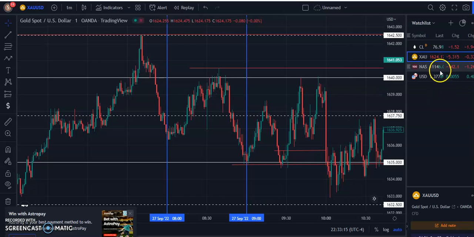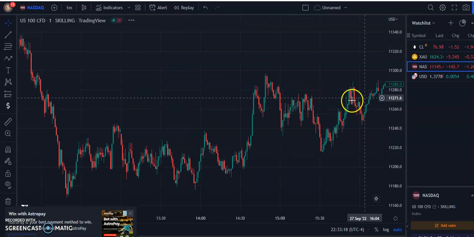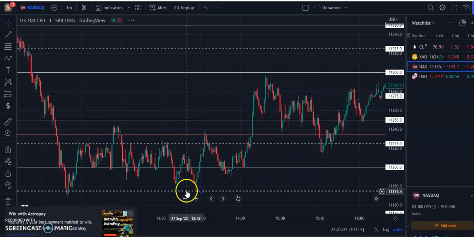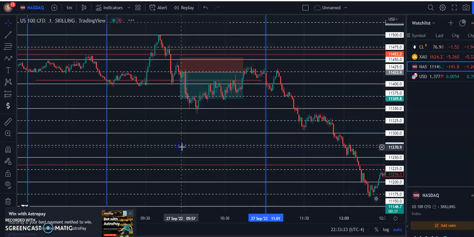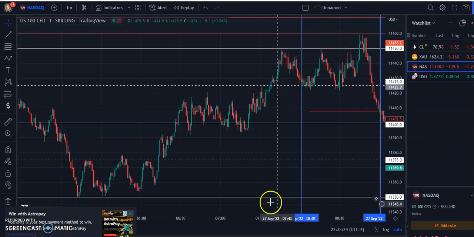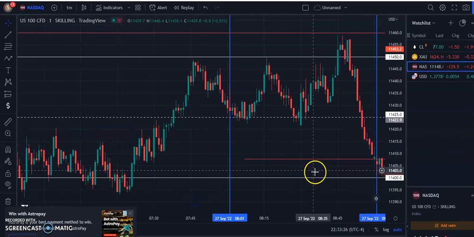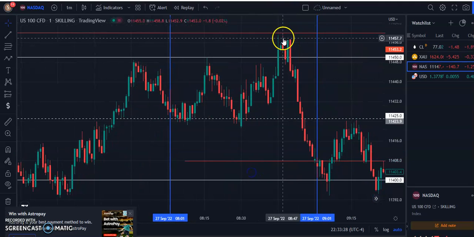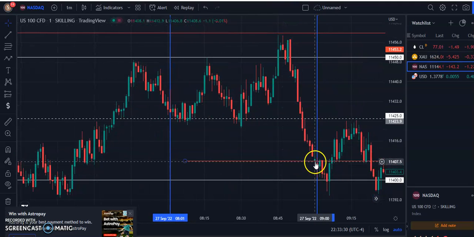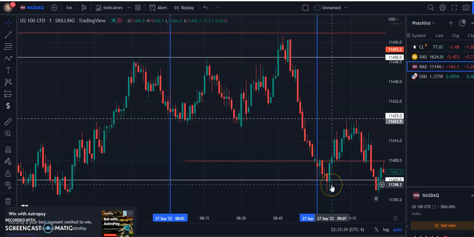Now, let's look at Nasdaq. Now, Nasdaq gives us our high of the session, our low of the session, and then breaks out.